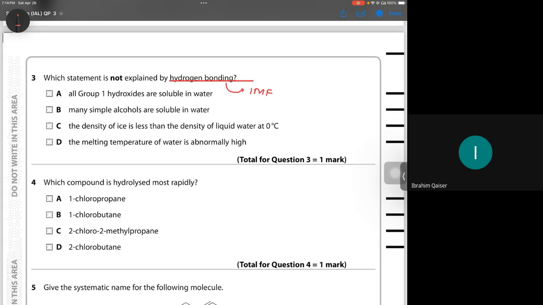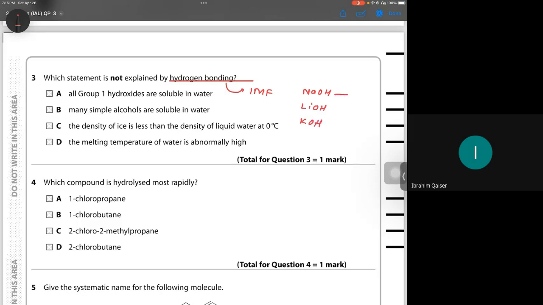You know, hydrogen bonding means it's going to have the higher boiling temperature. Okay, and it's a type of intermolecular force, it's not intramolecular. Group 1 hydroxides means sodium hydroxide, lithium hydroxide, potassium hydroxide.